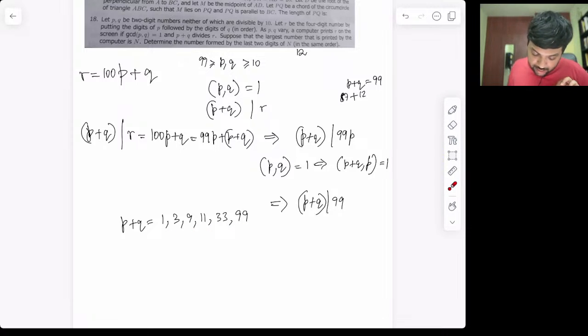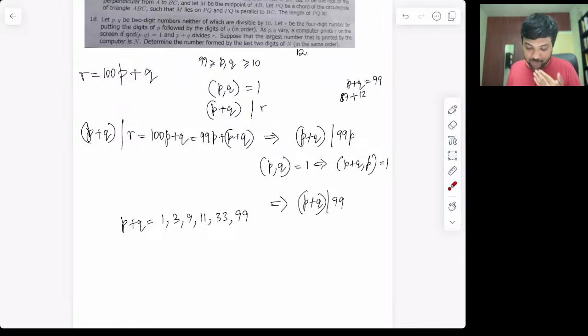In fact, if you want to make the number as big as possible, so you want to make 100p plus q as big as possible, which means you want to make 99 times p plus q as big as possible. So if you choose p plus q to be as big as possible, 99, you can make it by a greedy algorithm. Try to make p plus q large and also try to make p large.